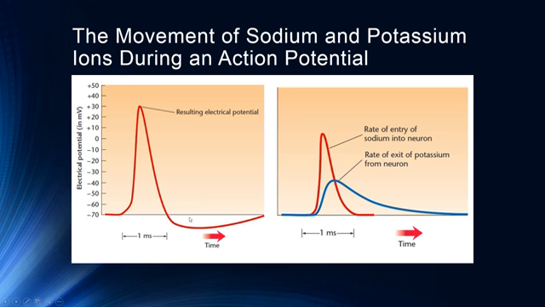You can see that for a little bit of time the cell is hyperpolarized after an action potential, because we haven't reestablished that membrane potential. During this time, this is what we call the relative refractory period, where it's more difficult to generate an action potential because the cell is temporarily hyperpolarized.